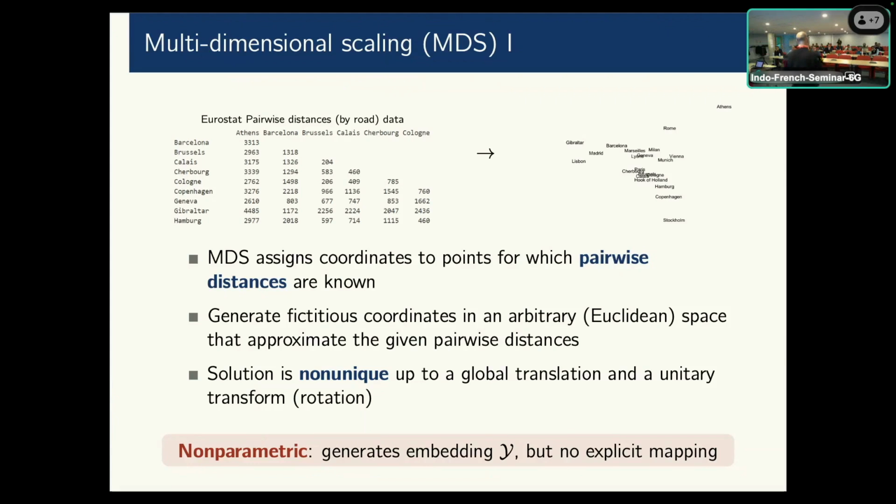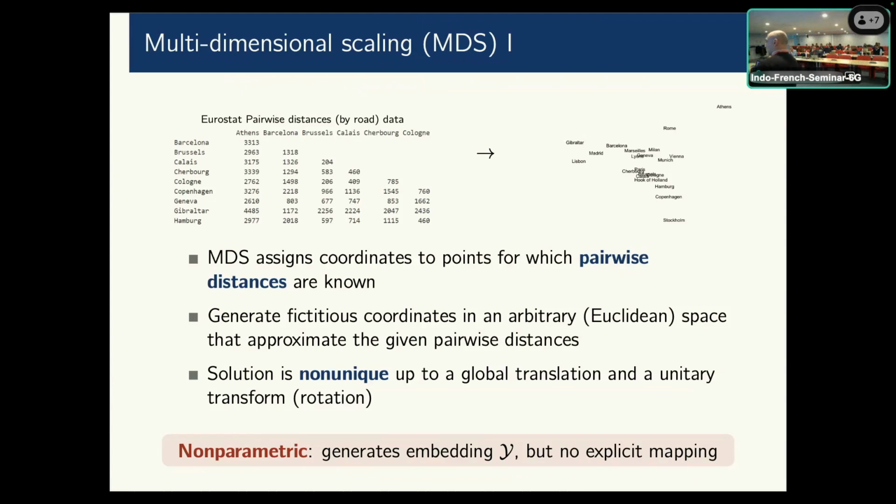I don't know anything about geography, and I am only given this. I could start from this table and ask you to assign two-dimensional coordinates to each of these cities under the constraint that these coordinates should fulfill, in the best possible way, these pairwise distance constraints, right? That's very easy to write. This is the so-called multidimensional scaling algorithm. This is what it does.